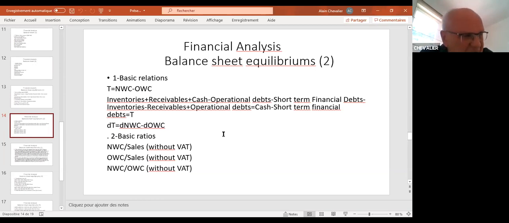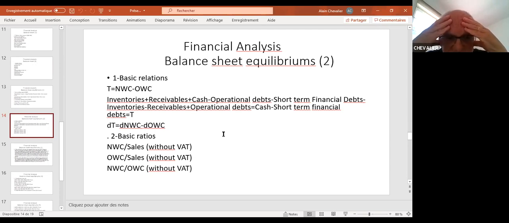And in many companies, you find regular goals of reduction of the operating working capital. One year with a better management of the inventories, a year after with new negotiation with customers, and the third year, new negotiation with providers. This is very, very central. It gives us also some ideas of the capacity of a firm to develop its operations.